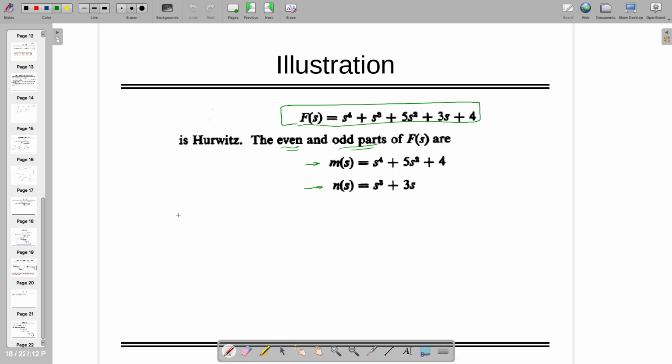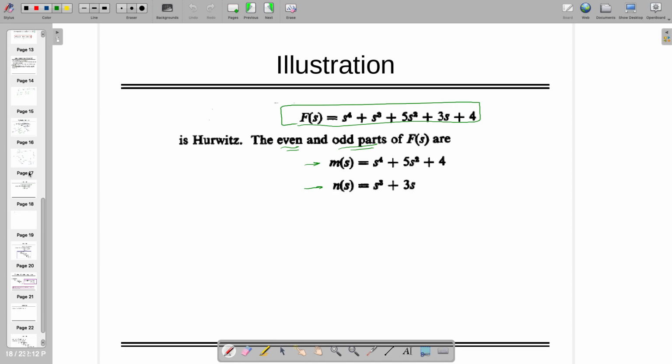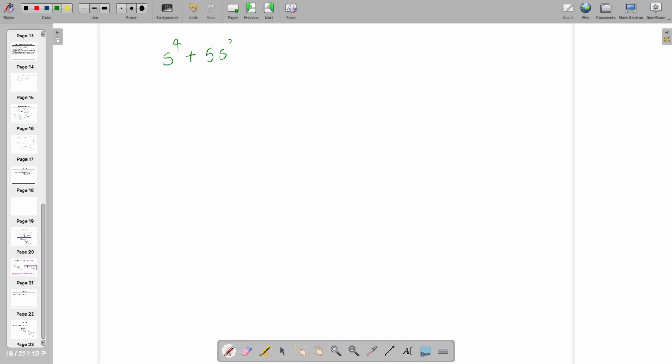You need to divide, say, s raised to 4 plus 5s square plus 4. This is my m of s, and n of s is equal to s cube plus 3s. To find out the entries which look like the function which we have talked about, we need to divide the even entry by the odd one. So I'm dividing it.